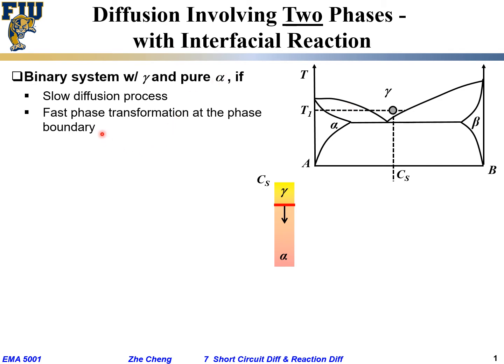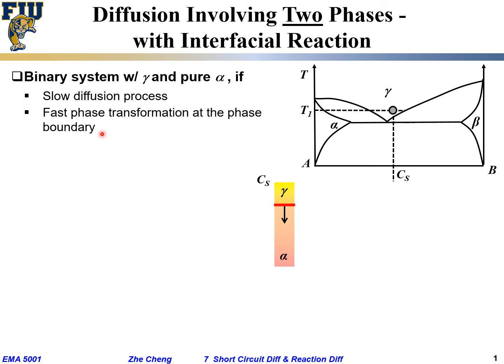Read to yourself. So-called fast phase transformation at the phase boundary, at the interface between the two different phases. If there's any reaction or rearrangement of the crystal structure, it happens pretty fast.